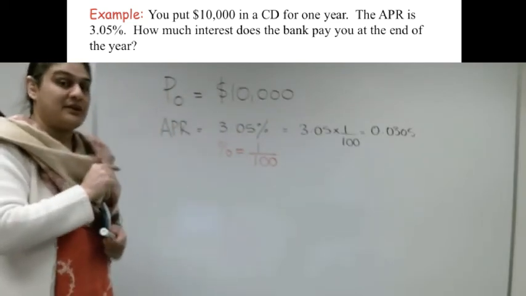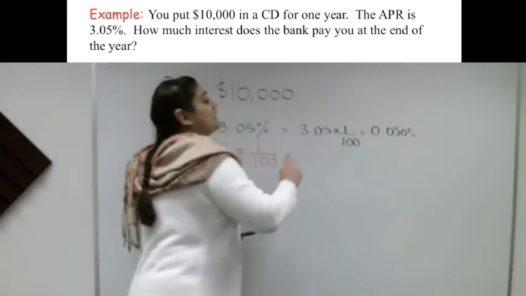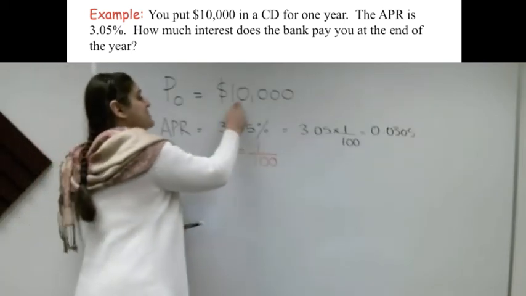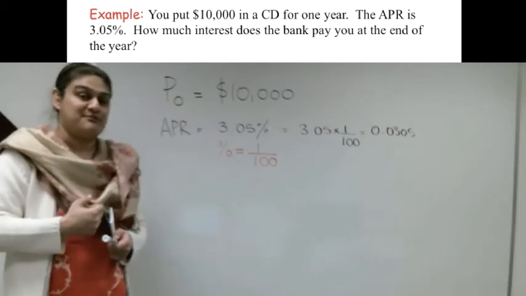If I was to put in $1 in my bank, this is how much money I will get back in dollars. But my initial investment was $10,000. Now how do I figure out how much money my bank is supposed to give back to me?